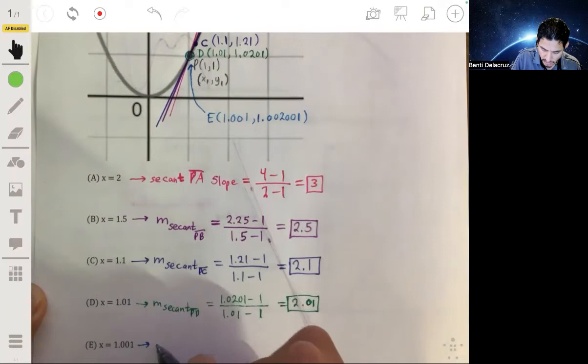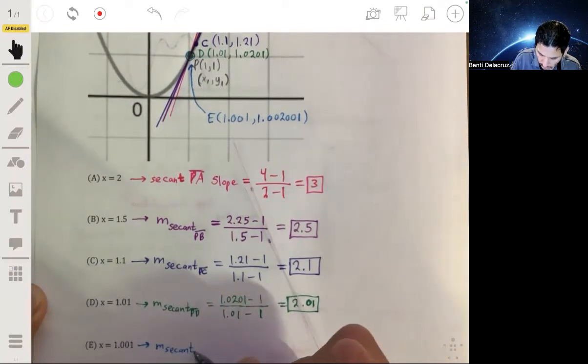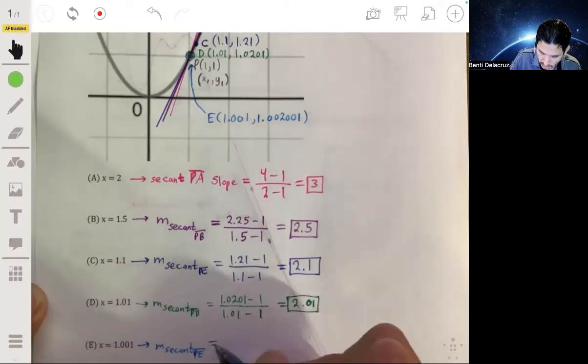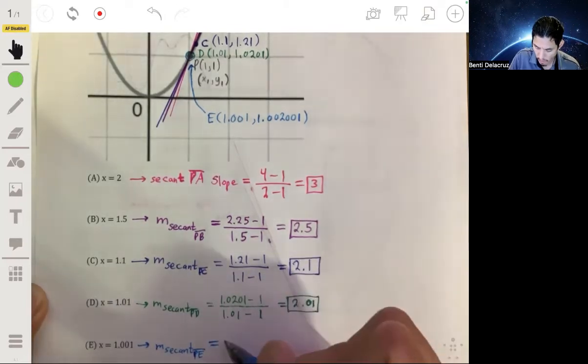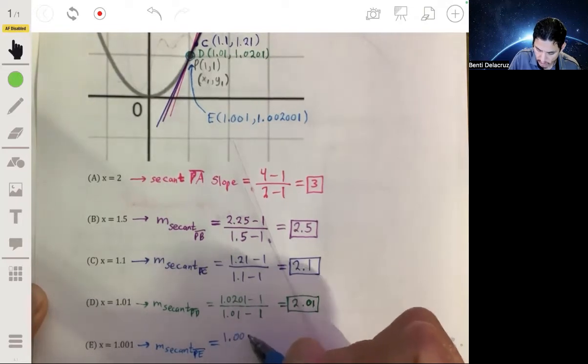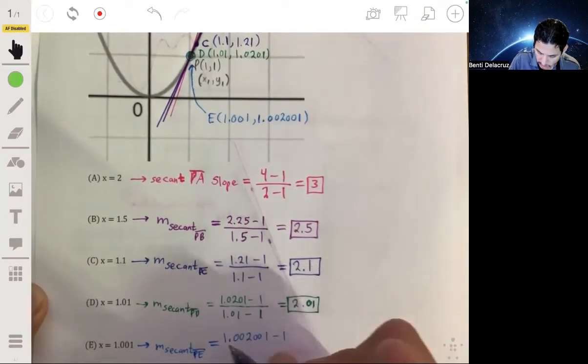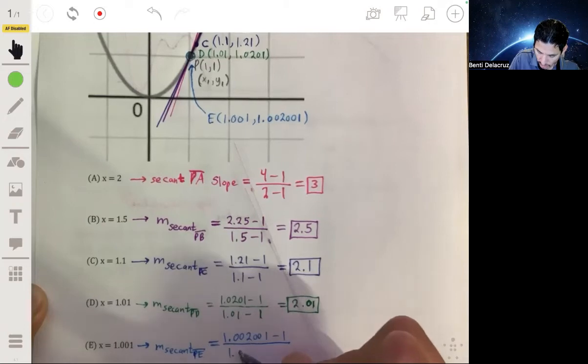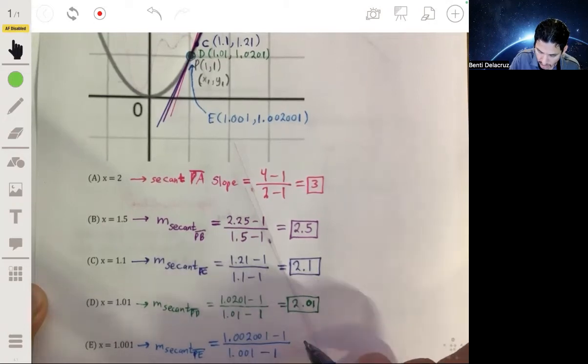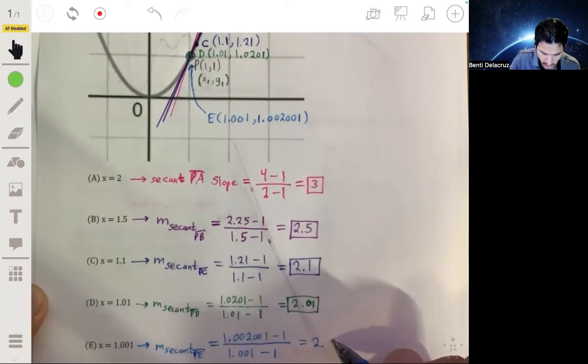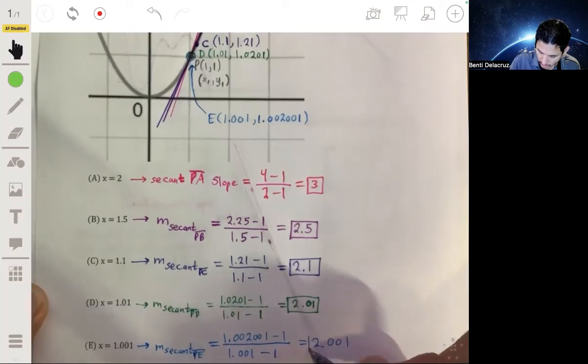And then so the slope of this secant line will be equal to 1.002001 minus 1 over 1.001 minus 1, and you'll get 2.001.